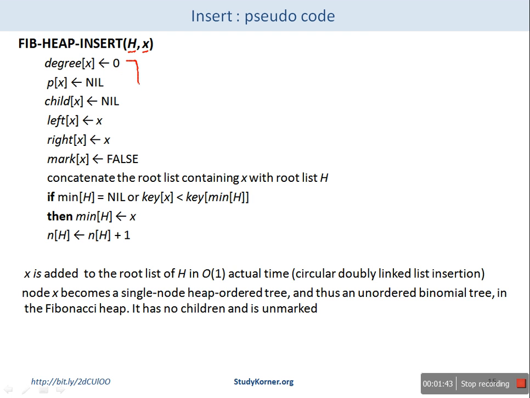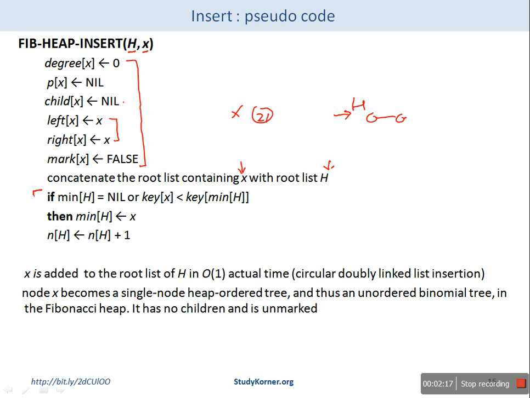This procedure creates a singleton tree by making the degree of x 0, parent of x null, child of x null, and left and right pointing to the same element, because it is a circular doubly linked list with only one element. Then we concatenate the root list containing the node x with the root list of H. So the x node with the information 21 is concatenated to the heap H which is already there.